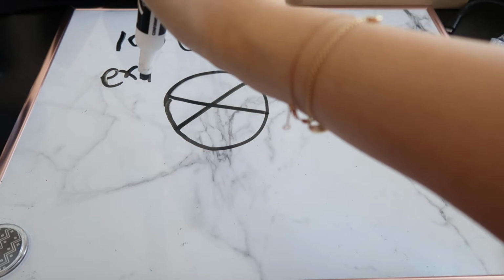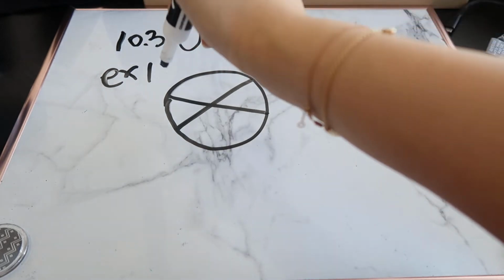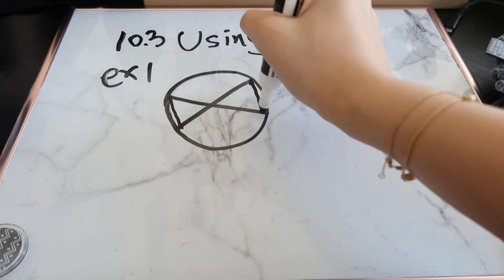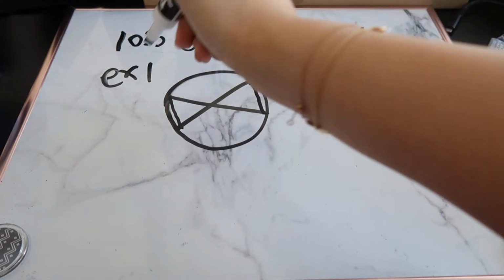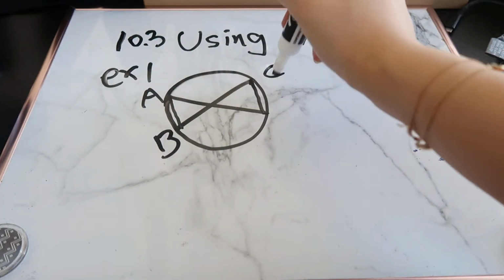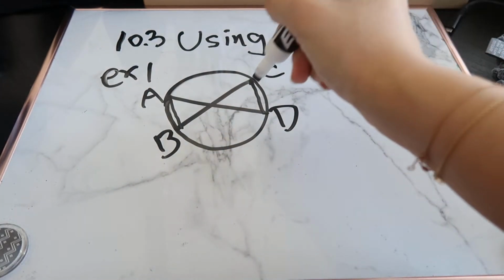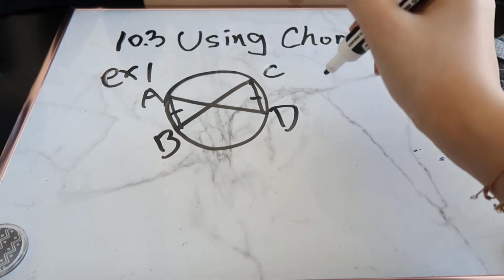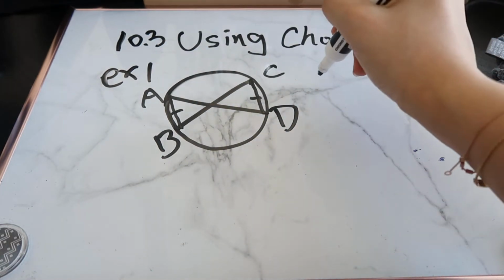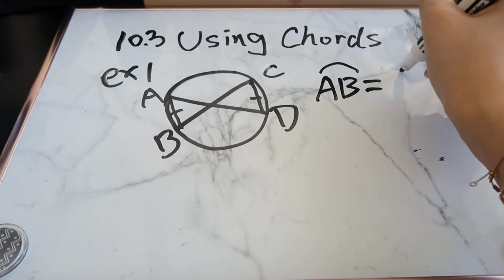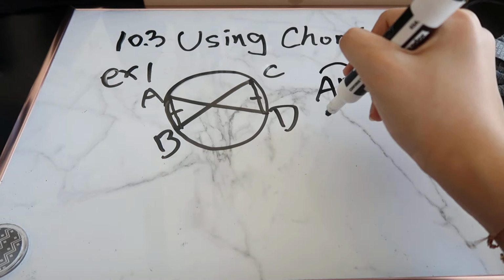Let's say we have AB and then CD. So let's say we have the chords equal each other, and we also know arc AB is 60 degrees.